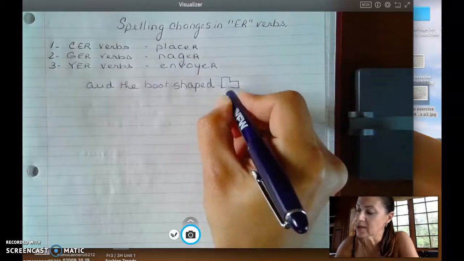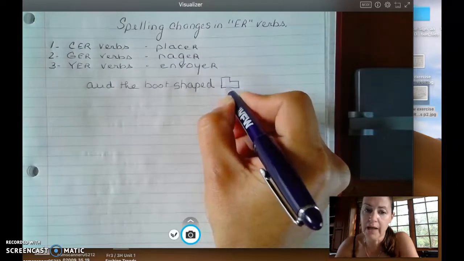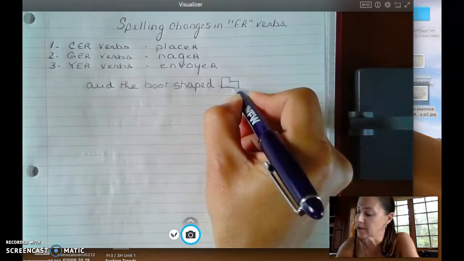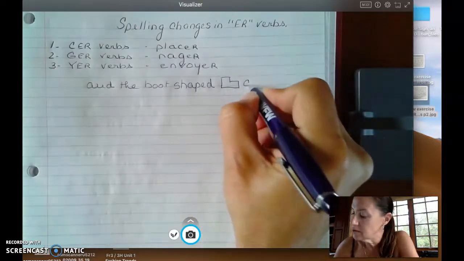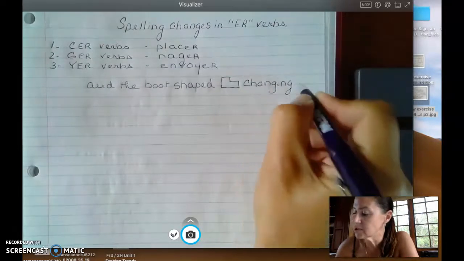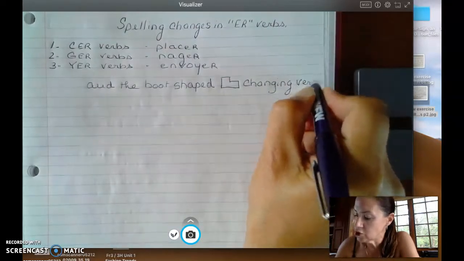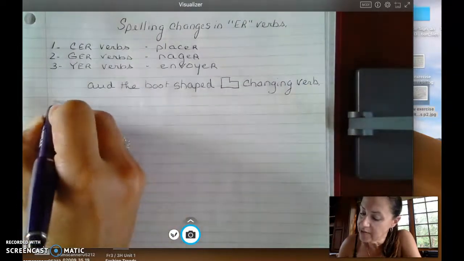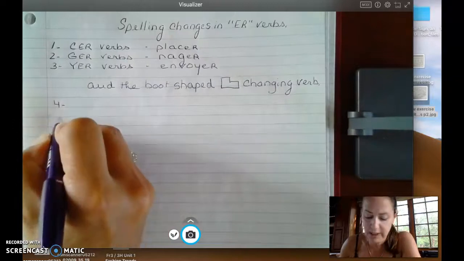If you remember, that's going to be column 1, and then this goes into the plural column for the pronouns. You'll see exactly when we do examples. So boot changing verbs: here we have 3 more categories.